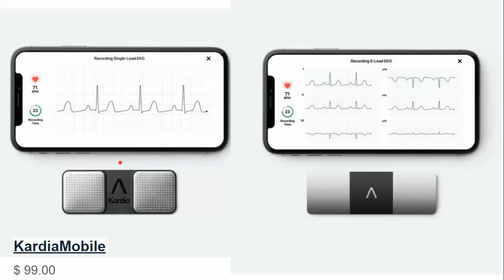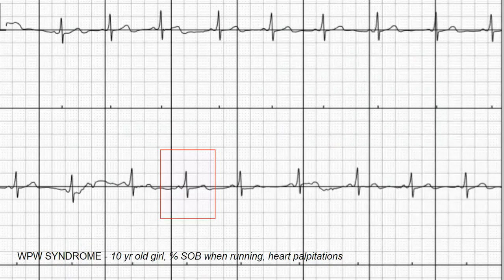You put your fingers on it, and it will either give you a rhythm strip or an EKG. I think that is so cool. The mother and the father bought it, and it was delivered in a couple of days off of Amazon. The girl puts her fingers on it and produces this strip, and they send it to me and say, what do you think?